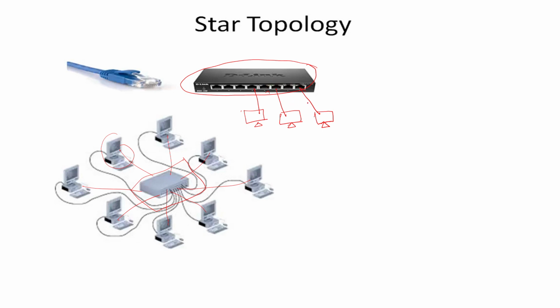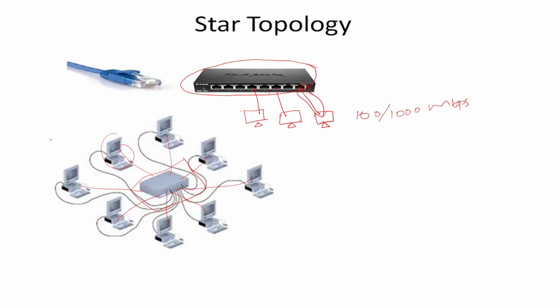And if only one device is not communicating with the others, the problem would be here. So in star topology, troubleshooting is very easy, and the speed we get is 100 to 1000 Mbps.